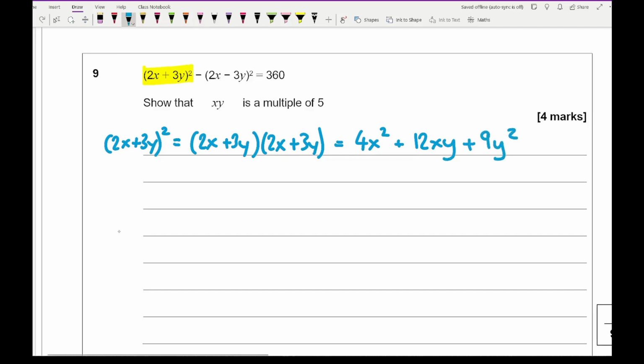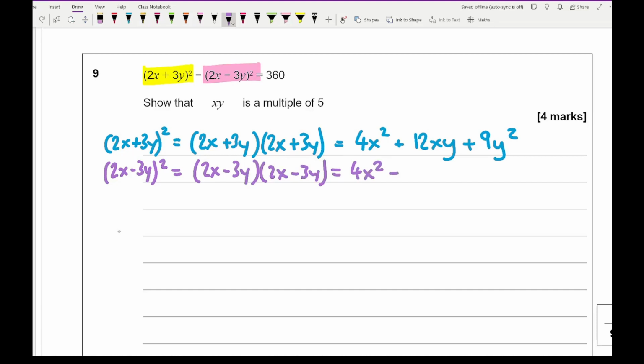Then if I do the second bracket, which is this, again I'm not going to ignore the minus, I'm just going to leave it as that to begin with. So here I get 2x minus 3y, 2x minus 3y, and that's going to give me 4x squared minus 12xy plus 9y squared.